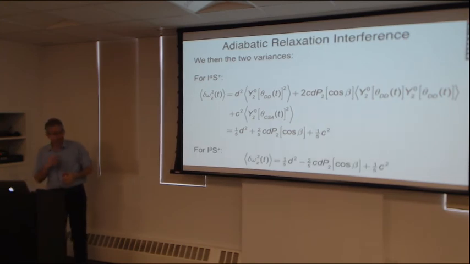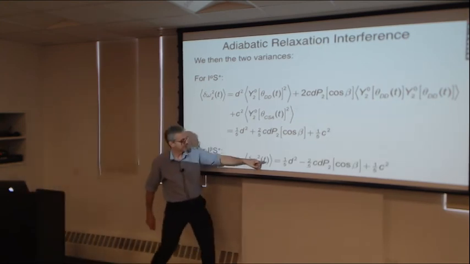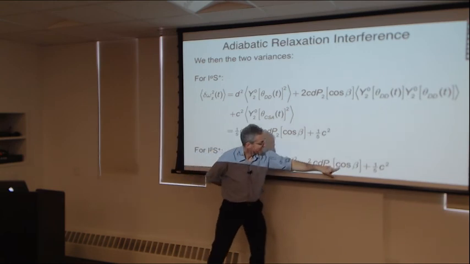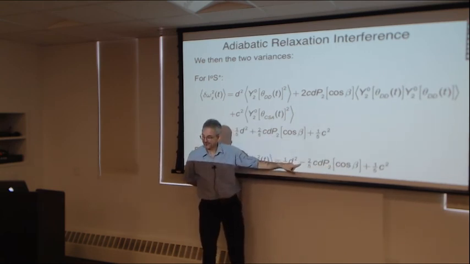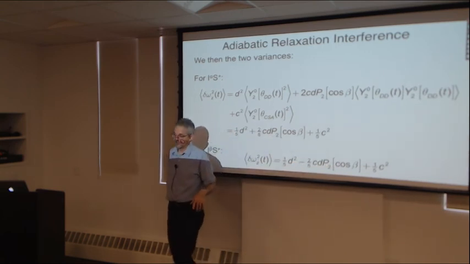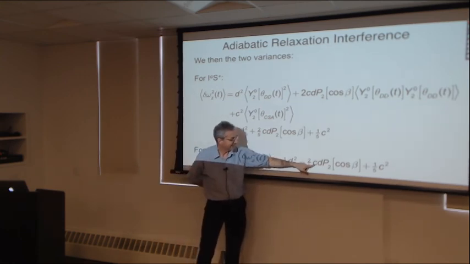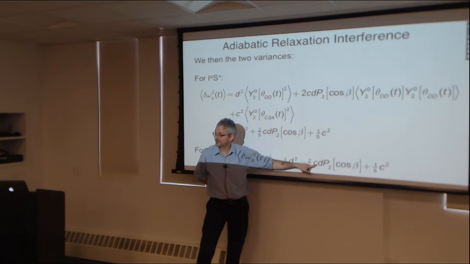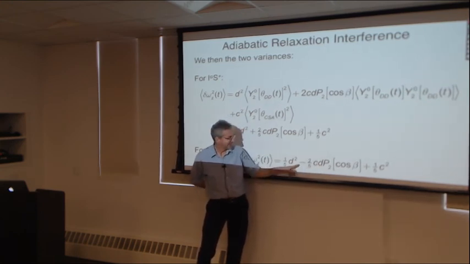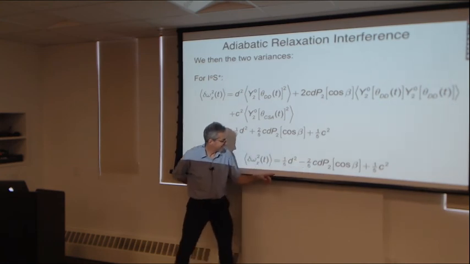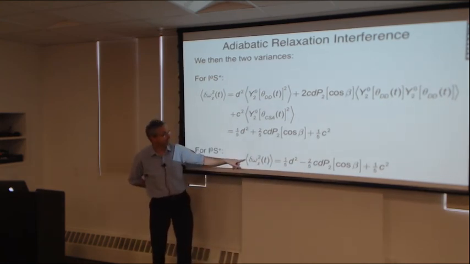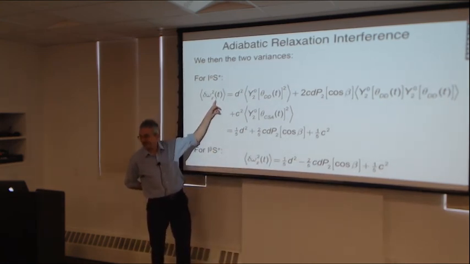And for the other doublet component, we end up with the difference. One of these terms subtracts and the other adds. It depends on the relative signs of C and D. If C and D have the same sign, then this is negative and this variance is smaller than this variance.